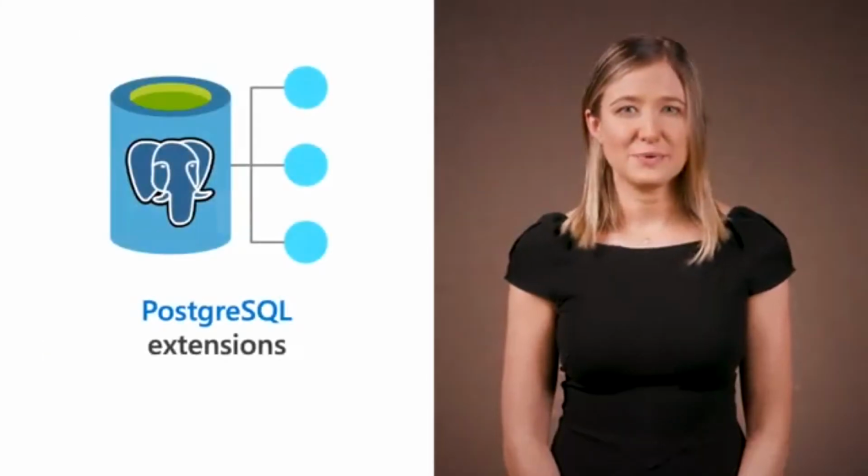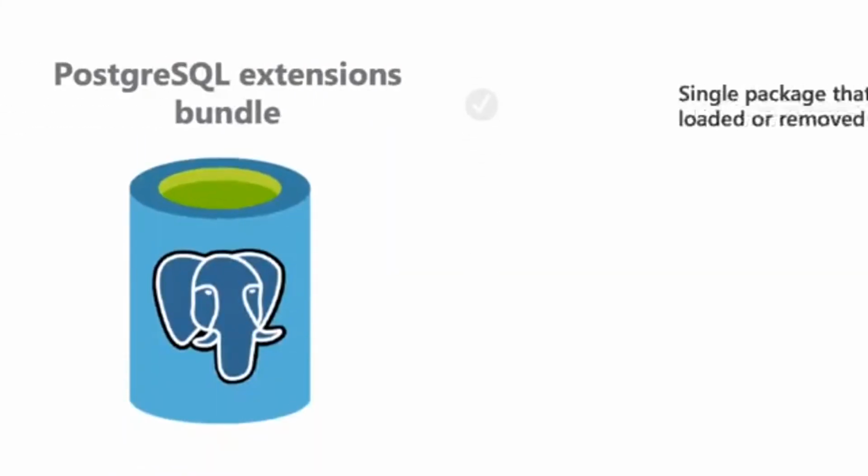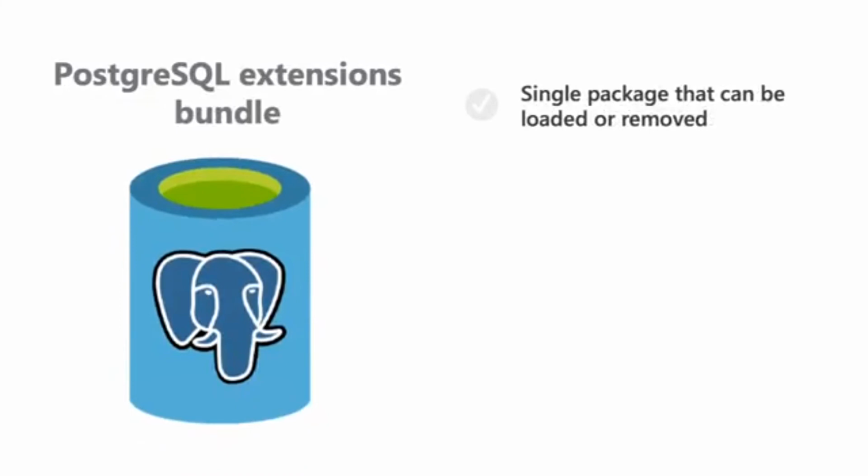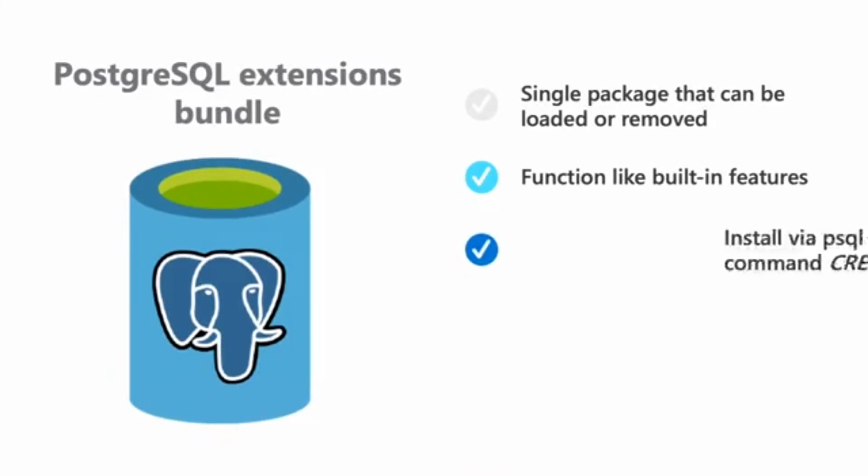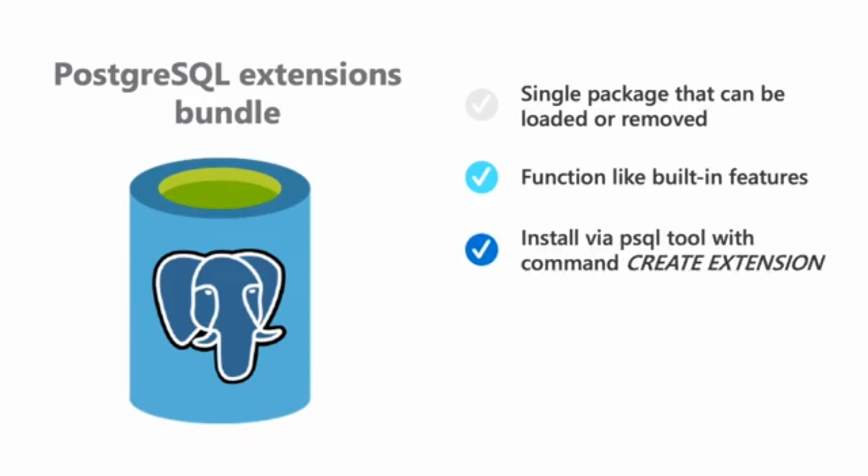PostgreSQL also provides the ability to extend the functionality of your database using extensions. Extensions bundle multiple related SQL objects together in a single package that can be loaded or removed from your database with a single command. After being loaded in the database, extensions function like built-in features. You install an extension in your database before you can use it.